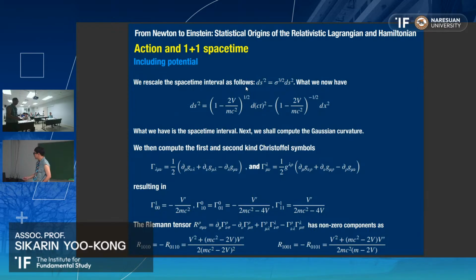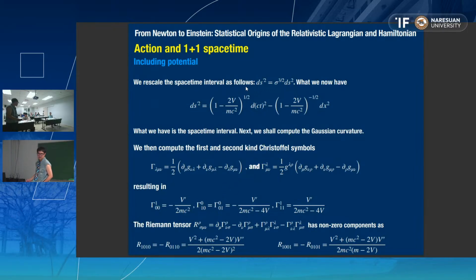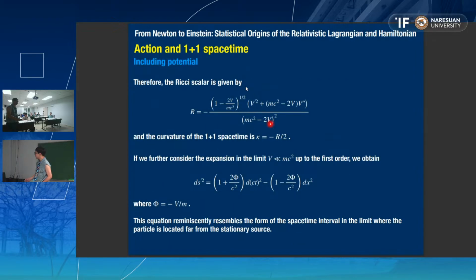But what we did here, we just computed the Gaussian curvature, kind of. So it still has the Ricci scalar. Yeah, in order to get this kind of kappa here, I think.